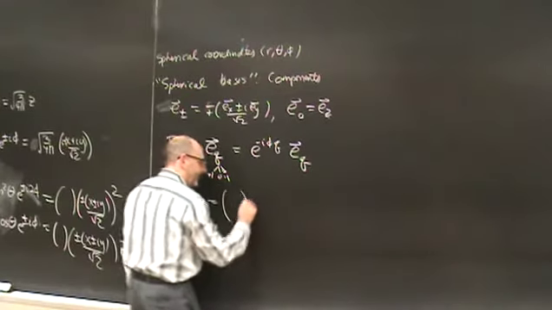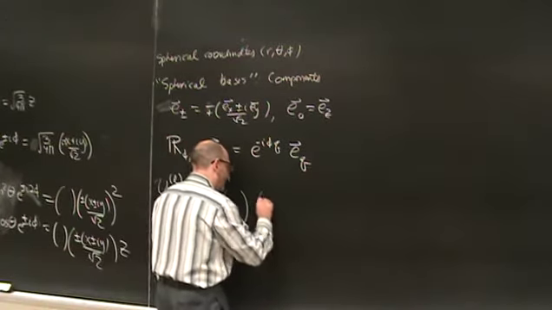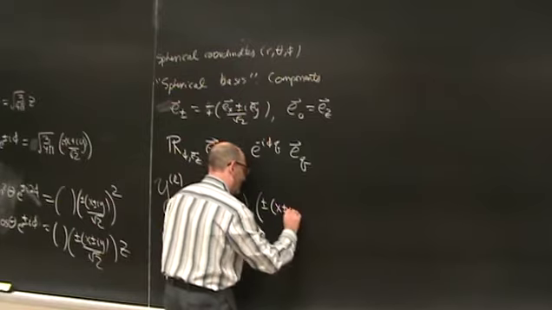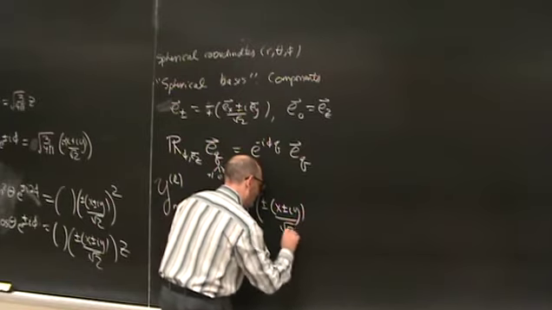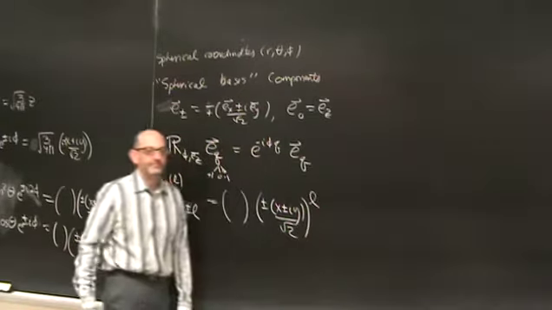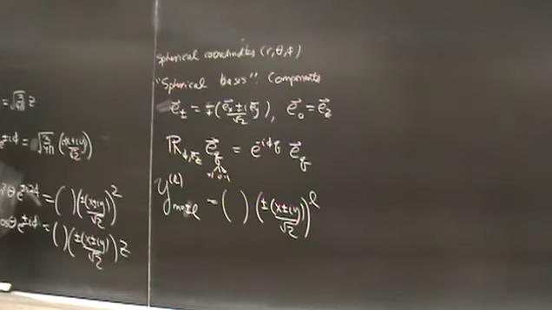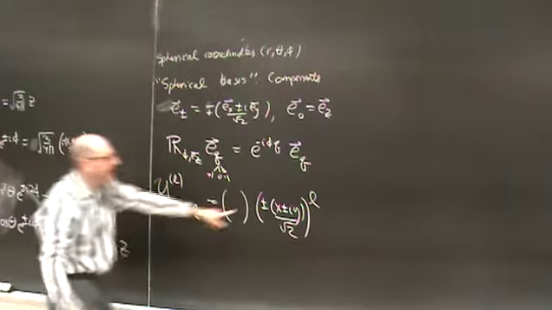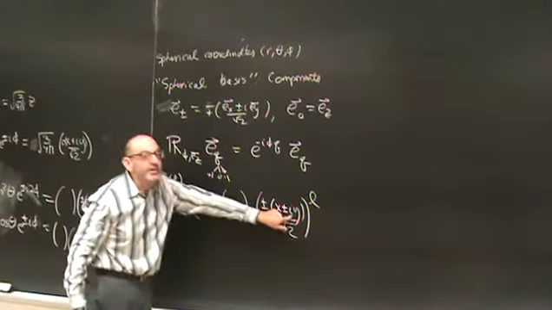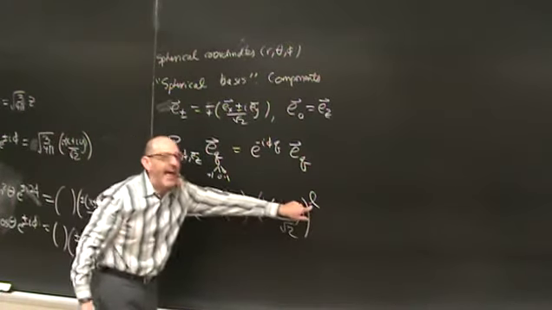That is some factor times plus or minus x plus or minus i y over 2 to the power L. And we can get that if we like. Well, that's the only polynomial that will have that much angular momentum. Each one has 1 unit, and this has L of them, right?